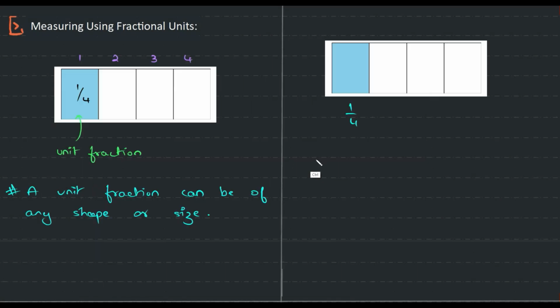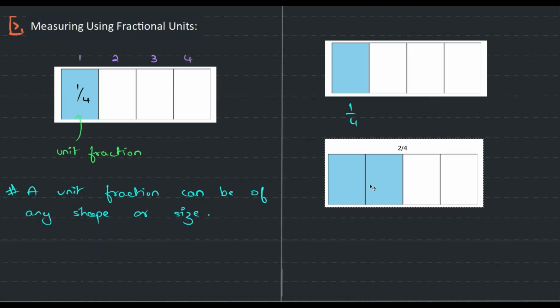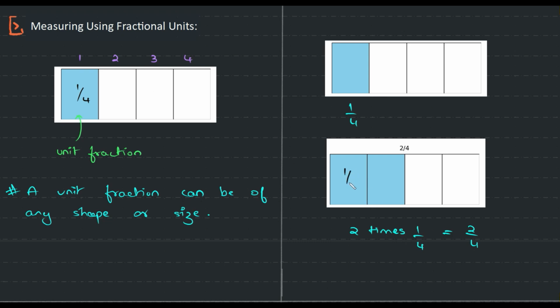The system itself is telling this is 2 by 4. Or I can tell it is 2 times the unit measure, that is 1 by 4. Can we express 2 by 4 as 2 times of 1 by 4? Because it is made up of 2 1 by 4s, right?